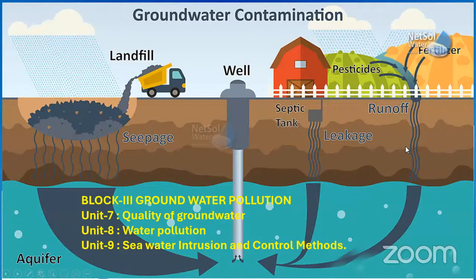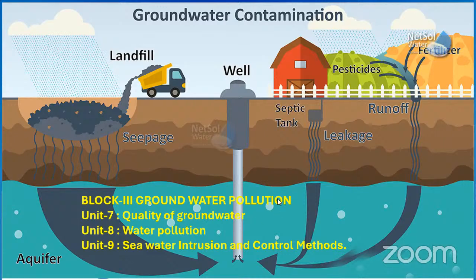Good evening, everyone. In previous presentations, I have covered the hydrological cycle, different types of aquifers, and groundwater occurrence and distribution. Today I'm going to talk about Block 3, groundwater pollution. I have covered Block 1 and Block 2, that is hydrogeology and different properties like infiltration, runoff, and precipitation.